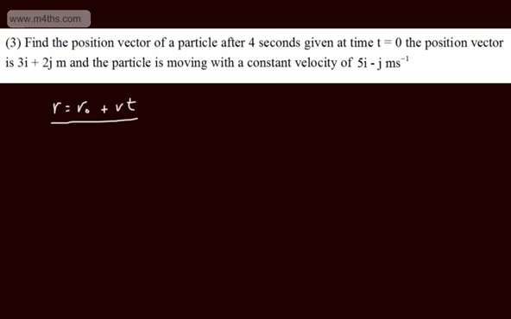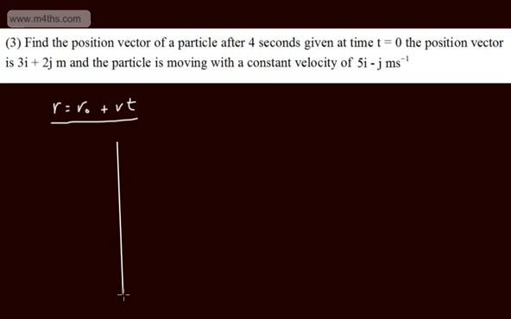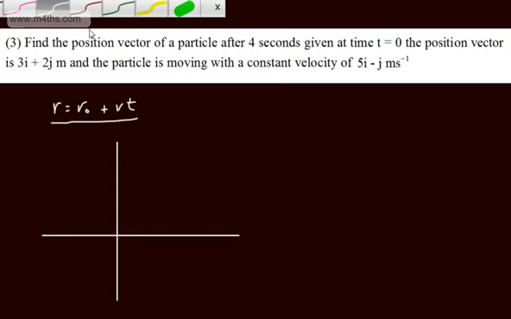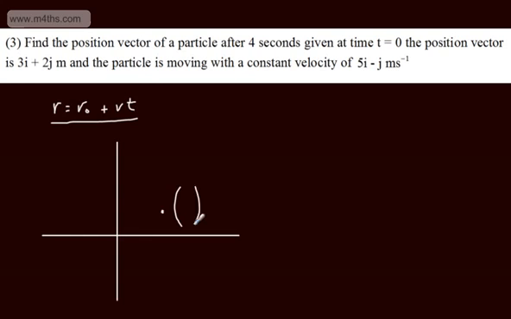So if we just draw a quick sketch, what we've got is the following. Let's say we start with a position vector at time 0, and that is going to be 3, 2. So let's put this on. So that's going to be now 3, 2. We're moving now with a constant velocity of 5i minus j. So what we're going to be doing is coming down in this direction.